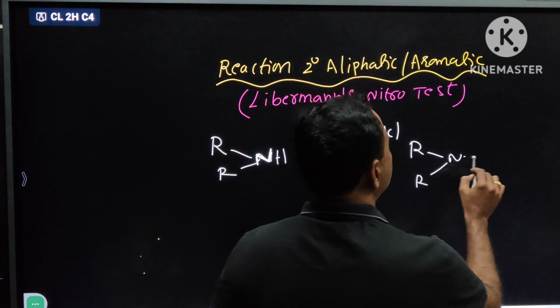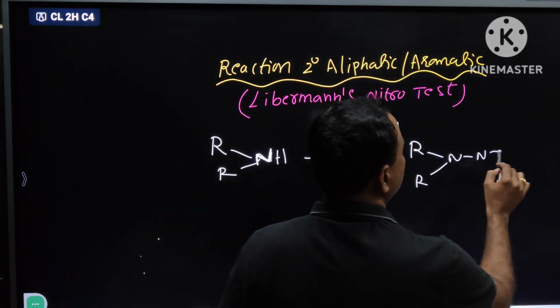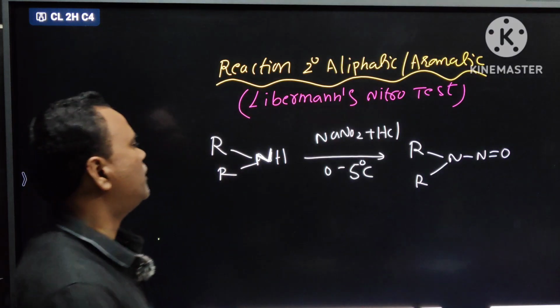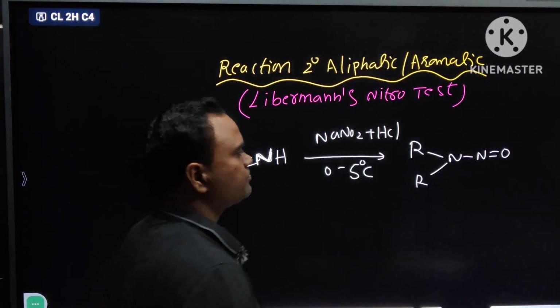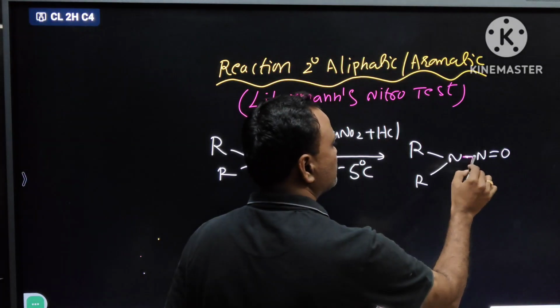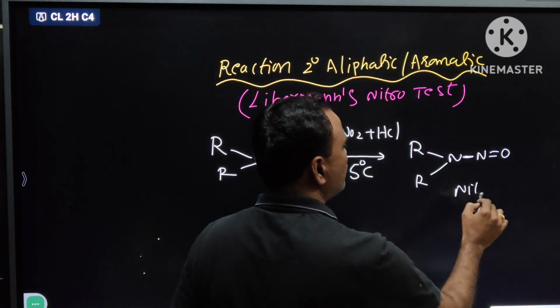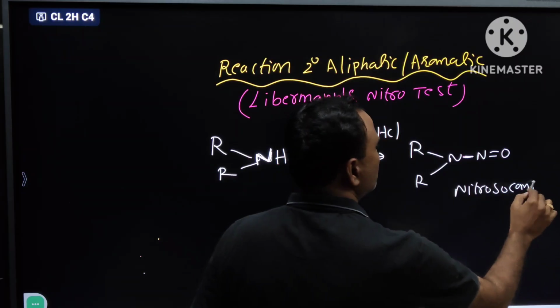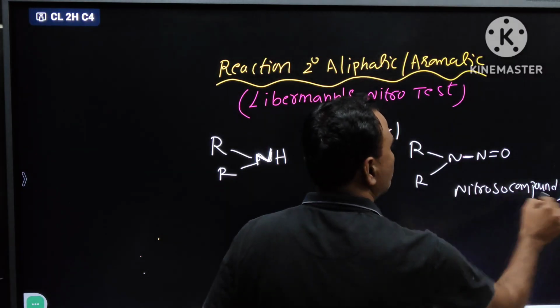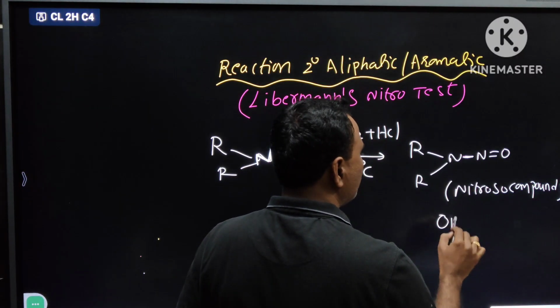Yellow oily drops are observed. This is a nitroso compound. Yellow oil.